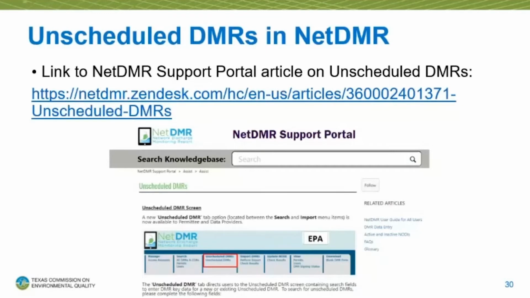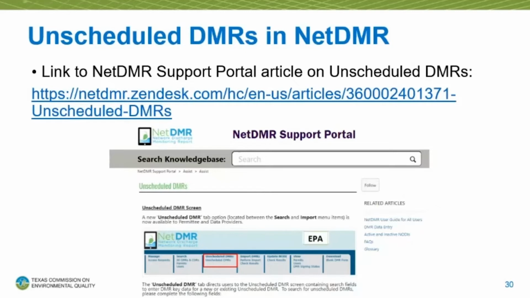Unscheduled limit sets in the NetDMR system are pretty unique. They're not used very widely, but the multi-sector general permit is just a lot more complicated and nuanced than a lot of individual permits. And so because of that, the unscheduled DMRs make a lot of sense for our varying schedules, and because we only want you to report some things whenever there's an exceedance.